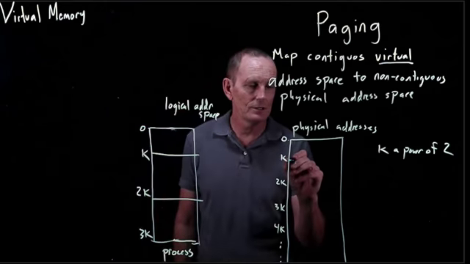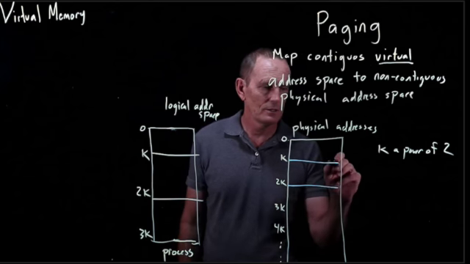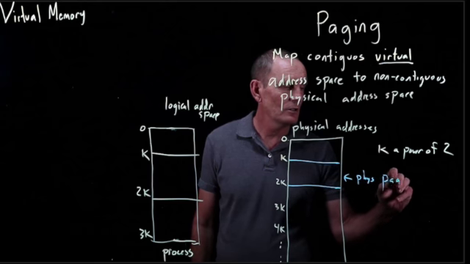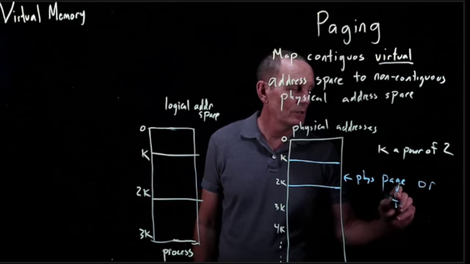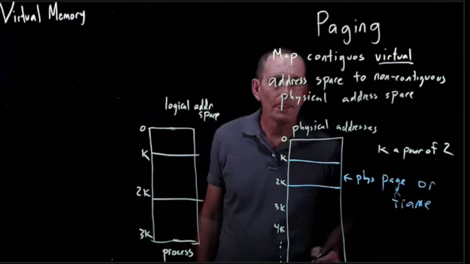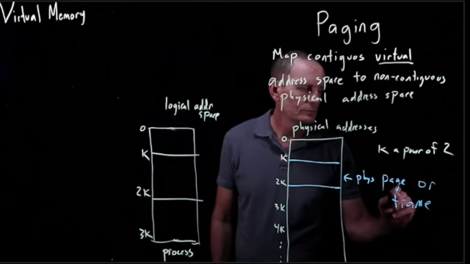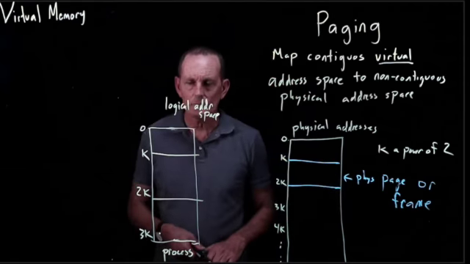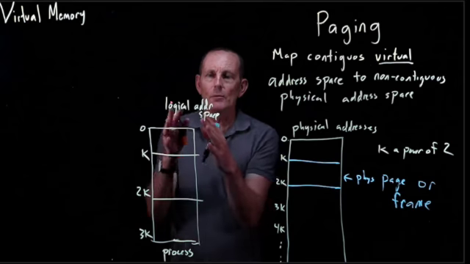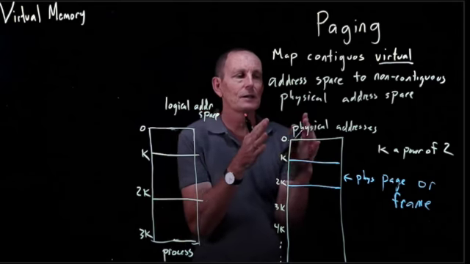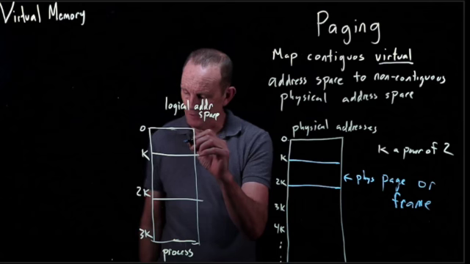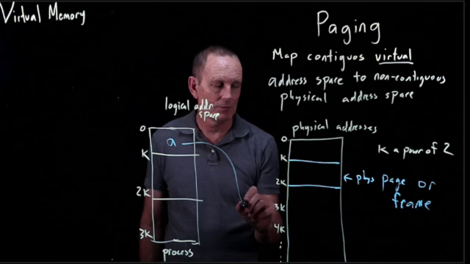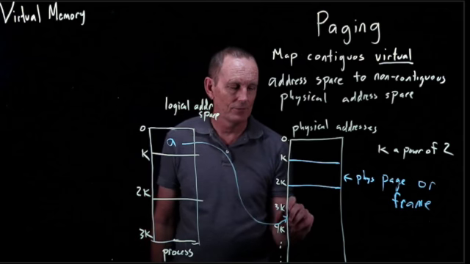So let's take one of these. This is a physical page, also called a frame. We're going to set up a mapping that can be arbitrary between a page in the logical address space and the physical address space. So let's say there's some content in here. This one might go down to here.